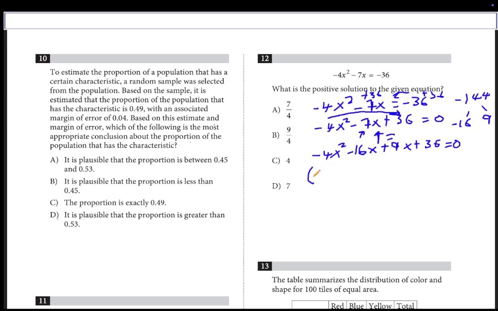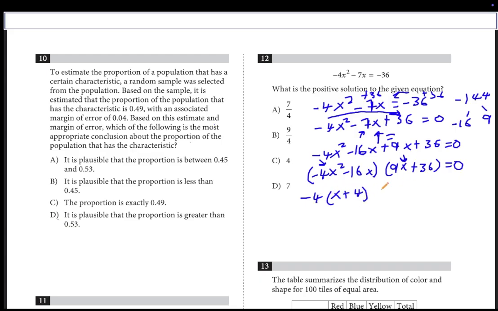Now we can group these terms, so negative 4x squared minus 16x, and then we're going to have 9x plus 36 is equal to 0. So now we're going to factor out each of these grouped terms, taking out the greatest common factor. So over here is going to be negative 4 times x plus 4.